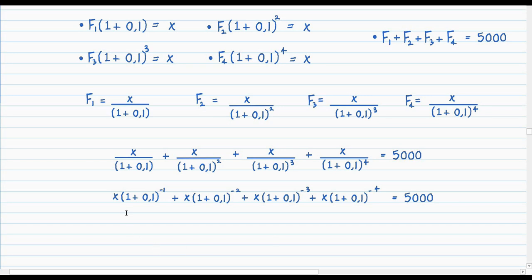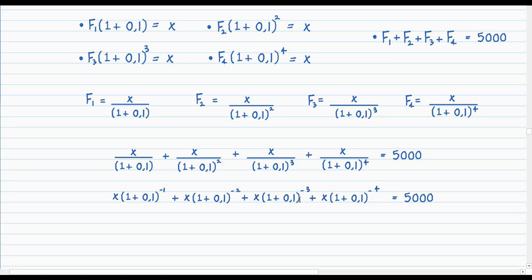Notice that the first term is x times 1 plus 0,1 to the power negative 1, and the second term is the first term times 1 plus 0,1 to the power negative 1, and this pattern continues up to the fourth term.